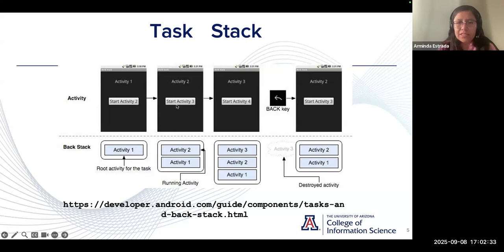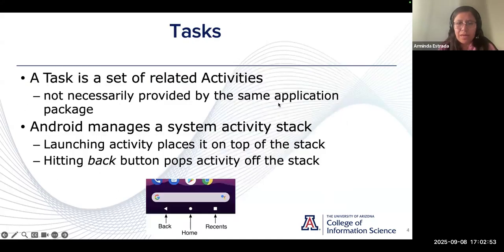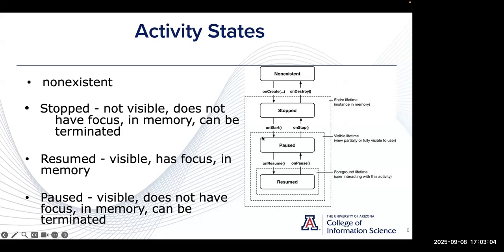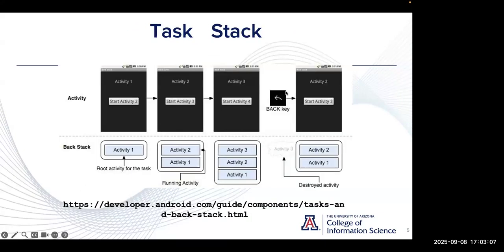And then when you click on Activity 3, it takes you to the Activity 3 screen. The next one would be running, and this one would be on pause. Then when we click on the back button, the little back button that we saw here, it's going to take us back to Activity 2.